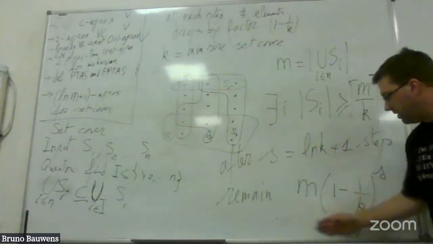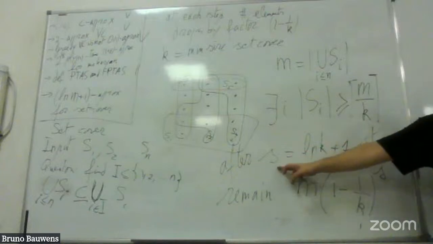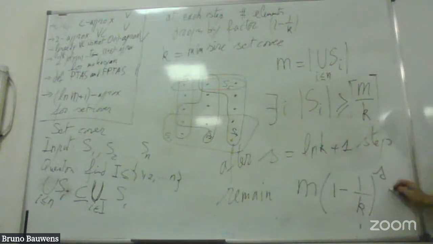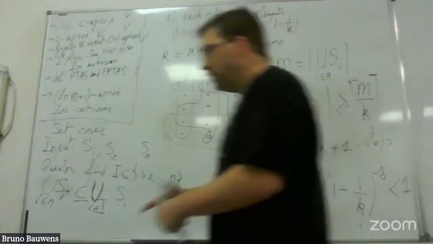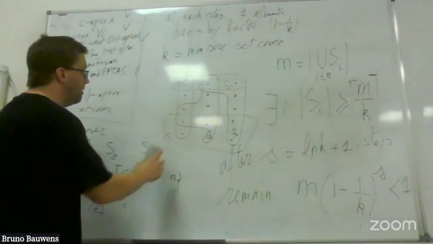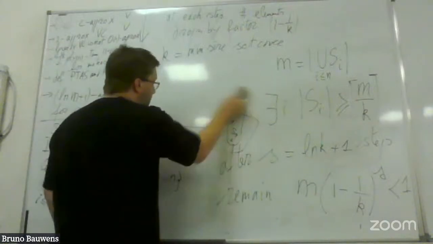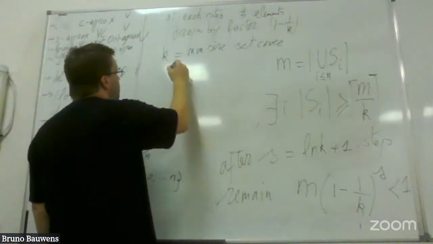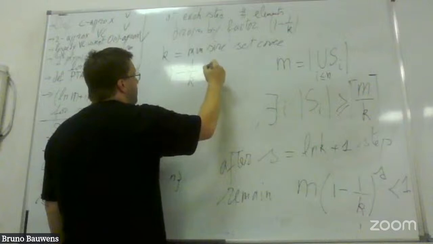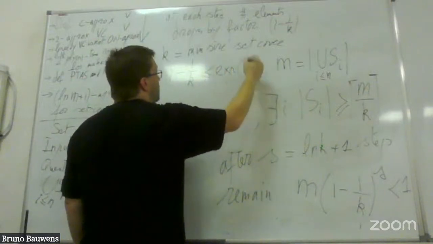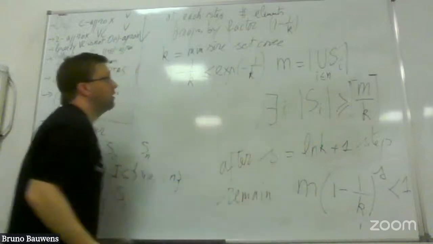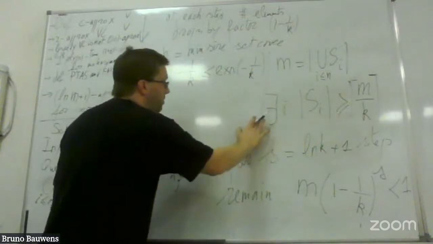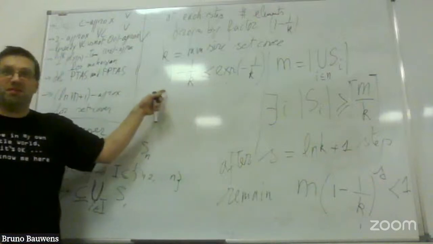Now I claim that if we substitute this value of s, the number of remaining elements will be strictly smaller than 1, and then we are finished. So now we need to make a calculation. I will use the inequality 1 minus 1 over k is smaller than exponent of minus 1 over k. In many areas of computer science, this inequality appears.